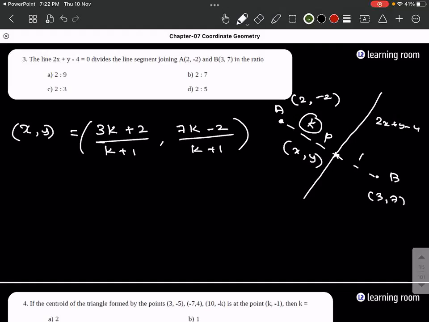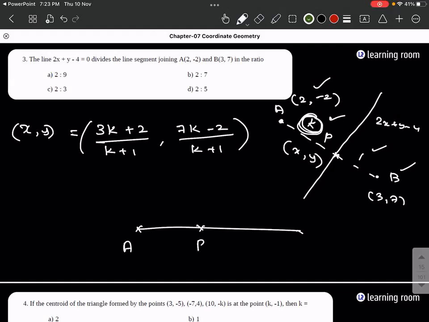Sure. Whenever two points are given and you need to find another point, or the problem asks in what ratio the point divides the line segment, you take the ratio as k is to 1, instead of m is to n. K can be on either of the sides. So how do you apply the section formula?